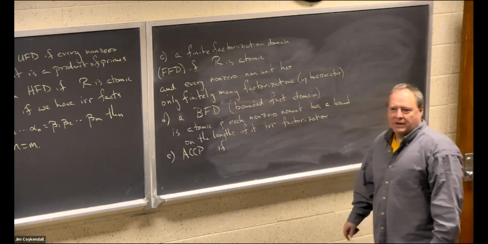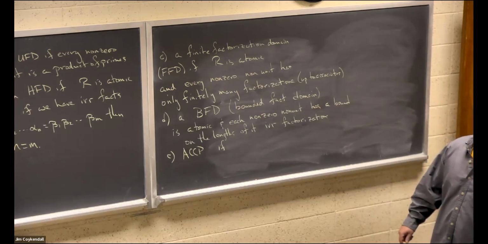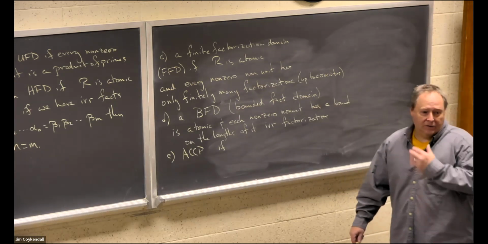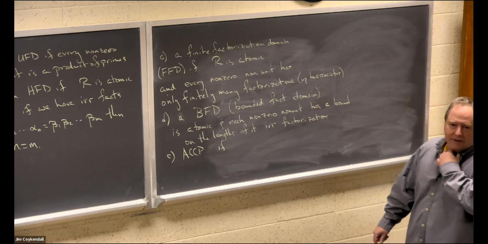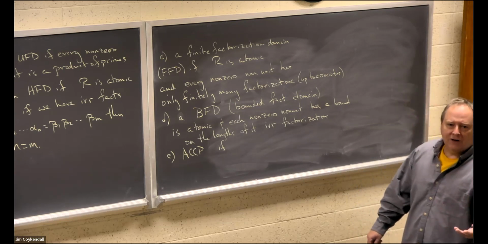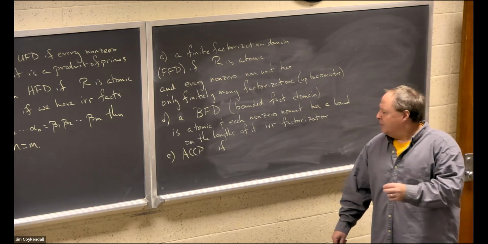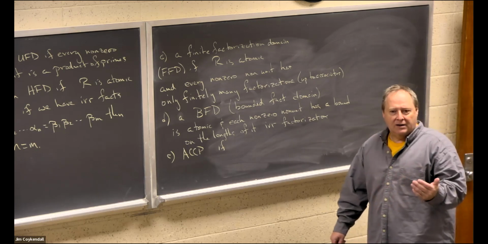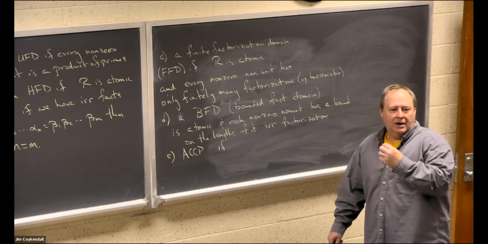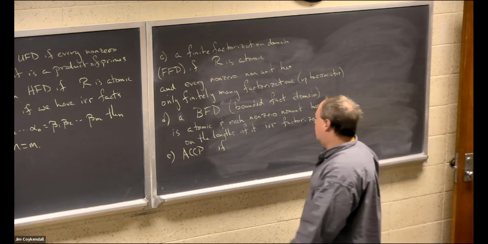ACCP means the ascending chain condition on principal ideals. This is like Noetherian, right? Noetherian has the ascending chain condition on ideals. This is a little bit weaker than this. This may not satisfy the ascending chain condition on all ideals, but it might satisfy the ascending chain condition on principal ideals.